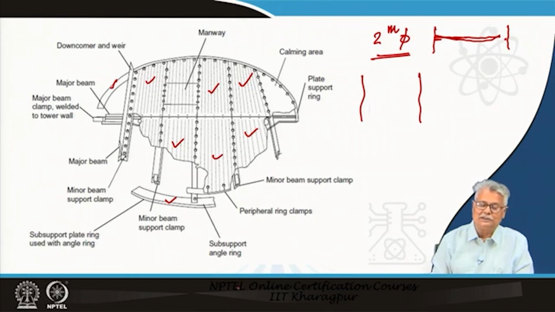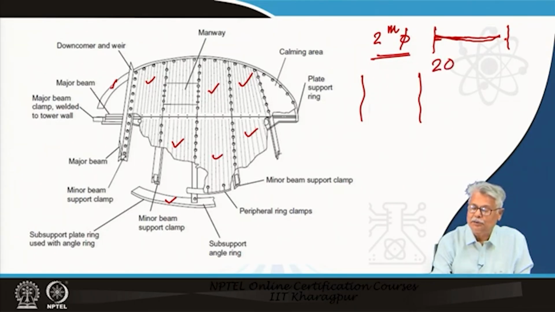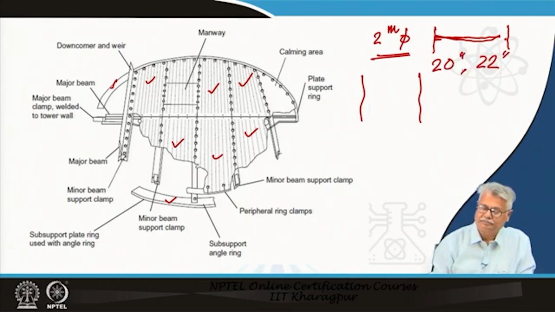Now, the question comes, how will you place it inside? Your tower shell has been erected, so quite naturally it has to go through the manholes. Typical manhole size will be 20 inches or 24 inches or usually 22 inches.